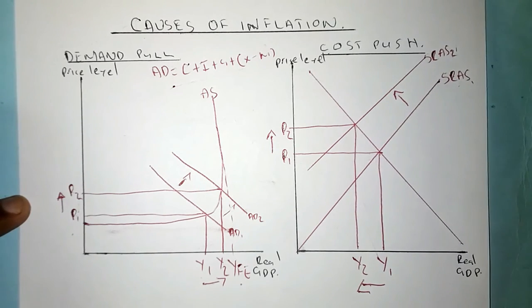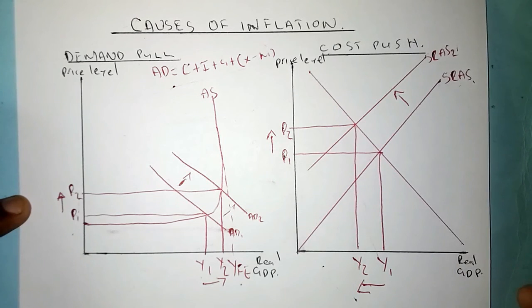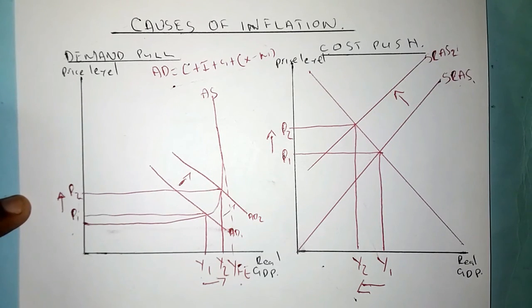It's very disastrous. It's very difficult for us to control cost push inflation, as it reduces growth in the economy. So you can have your main evaluation point where we say demand pull inflation is quite healthy for the economy, but with cost push inflation, it's very severe. It reduces growth. Those are the two main causes of inflation that you have to know.